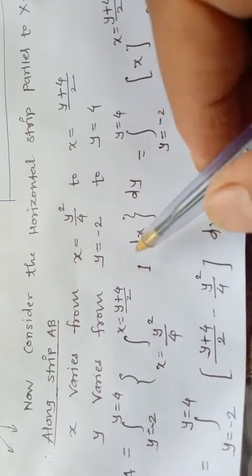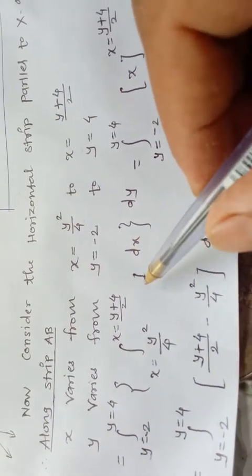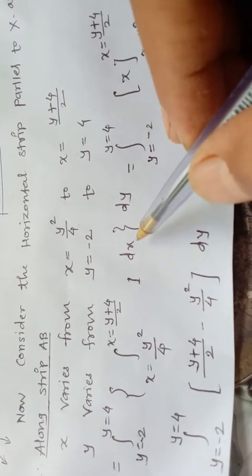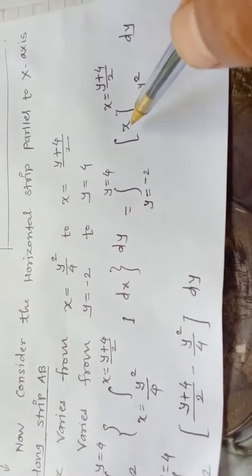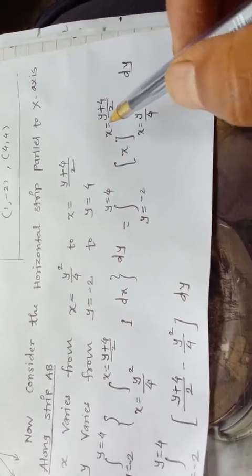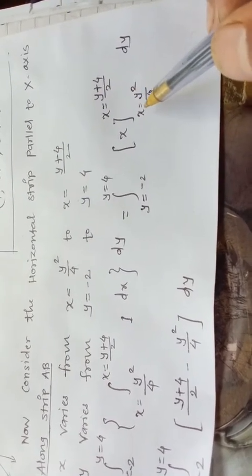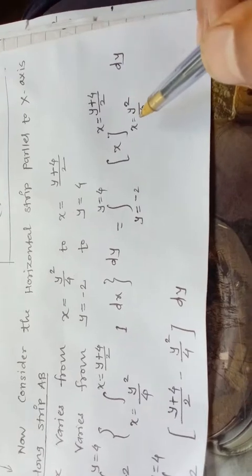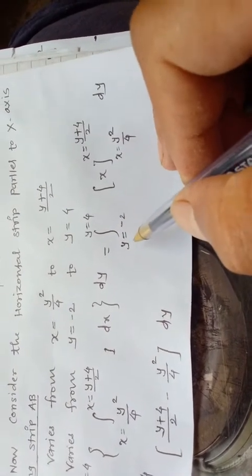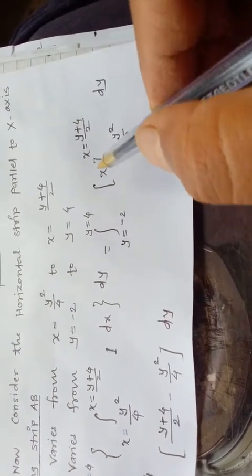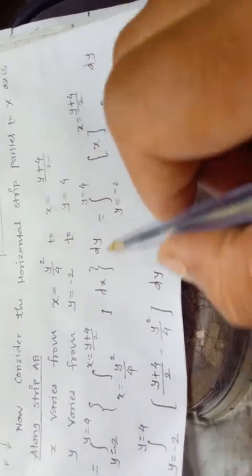This inside integral is with respect to x, and the integration of 1 with respect to x is only x, with the upper limit x equals y plus 4 upon 2, and the lower limit x equals y square upon 4, and the outside integral, y equals -2 to y equals 4, as it is.